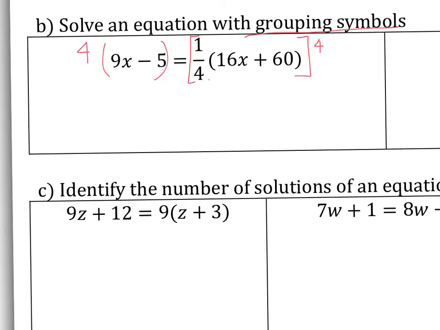So I can cancel out the 4 on this side of the equation and distribute 4 on the left-hand side of the equation. 36x minus 20 equals 16x plus 60. Okay, so no more fractions. So now I'm gonna start solving.